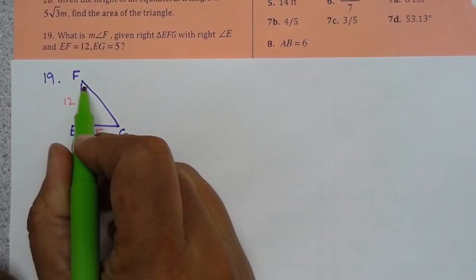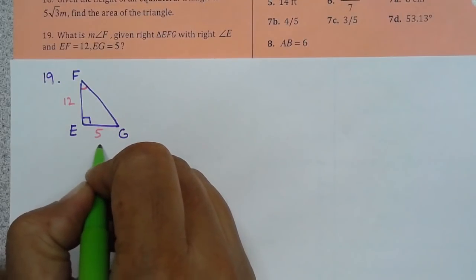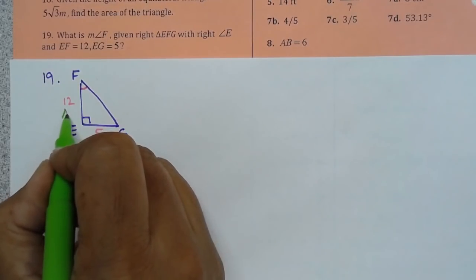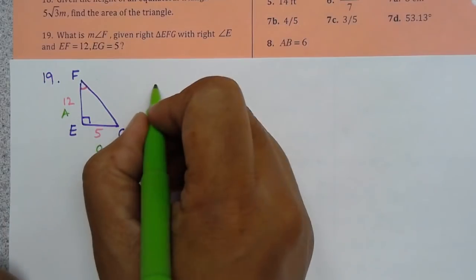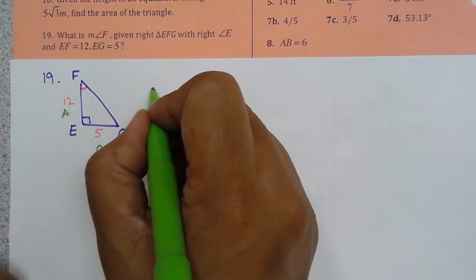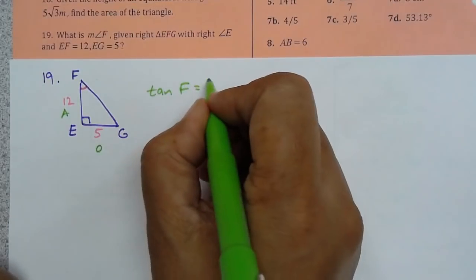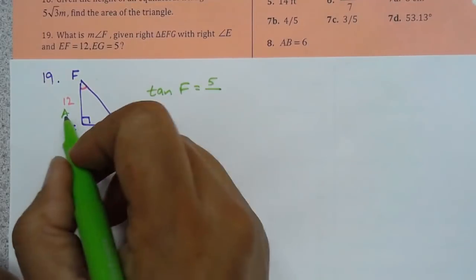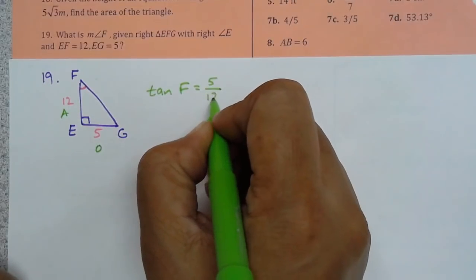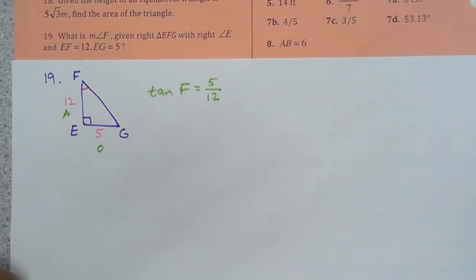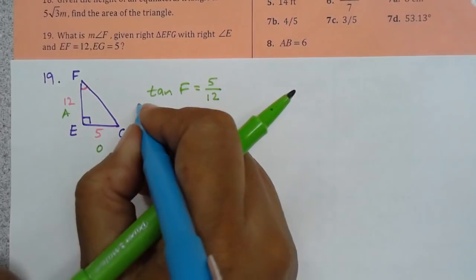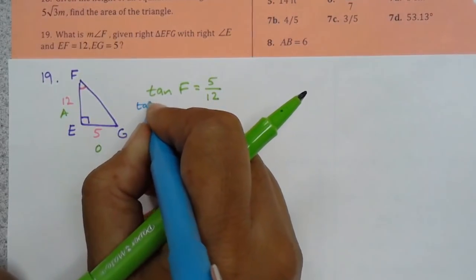If angle F is my reference angle, this is opposite, and this side is the adjacent side. So I want to use tangent, TOA. So tangent of angle F equals opposite 5 over the adjacent side, which is 12. To solve for F, we need to make this tangent go away by taking the inverse.